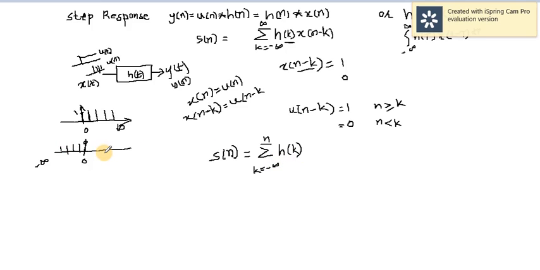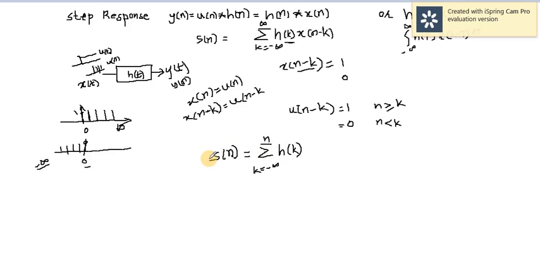We don't know the range of x of k, so let's consider it from minus infinity to n.